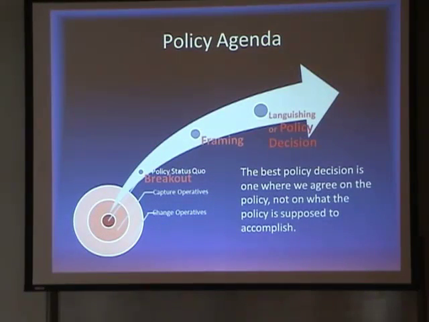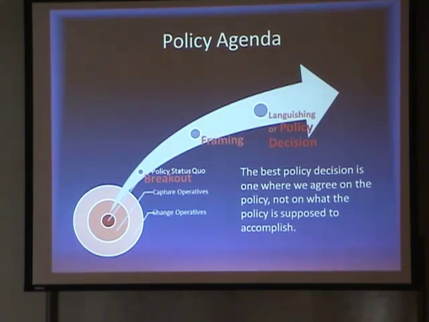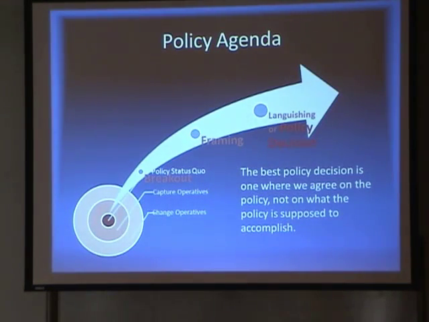Okay, so I think we're done. This last one, I wish this were my observation, but it is a standard observation, first proposed by Charles Lindblom 50 years ago. In countries like the United States and Great Britain, the test of a good policy is not that we agree on what it's going to do.